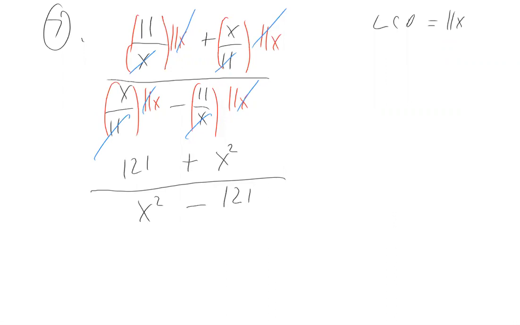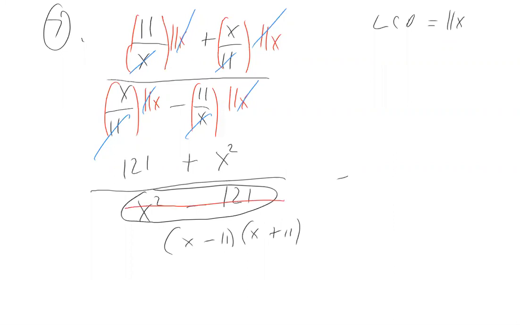Then I can factor the bottom. This is the difference of squares, so that will factor out to be x minus 11 times x plus 11. So my new answer is x squared plus 121 over x minus 11 times x plus 11.